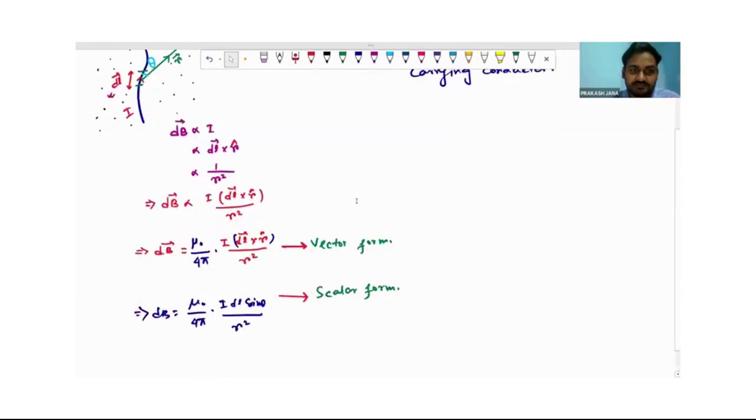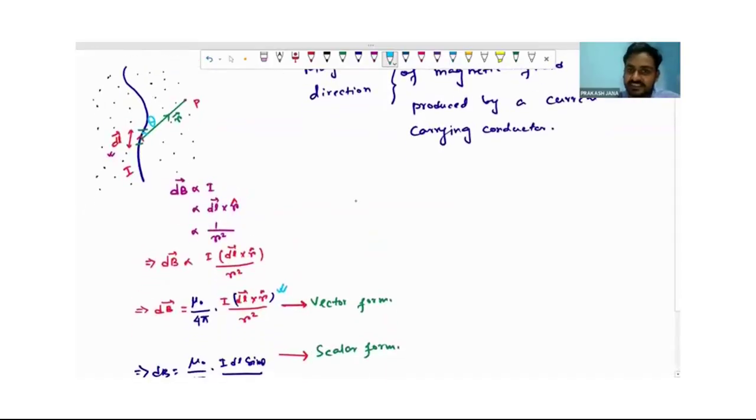See, if we focus on the direction of dl cross r, let us recap once again about a cross b. Suppose this is a vector a and this is one more vector b. Now we want to find a cross b.